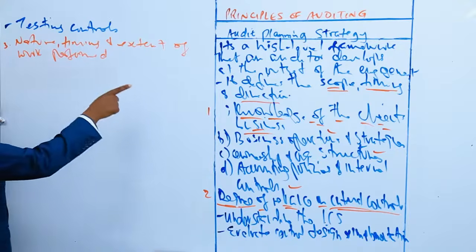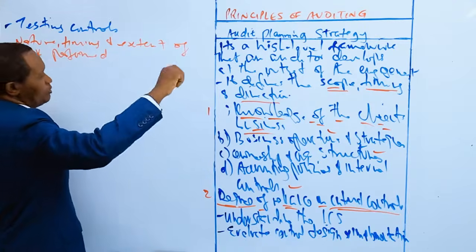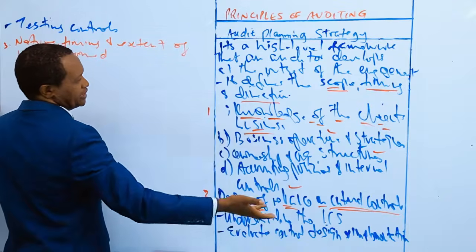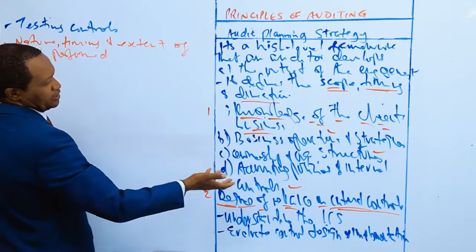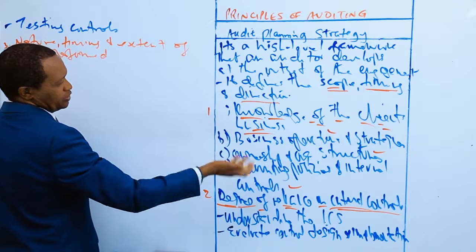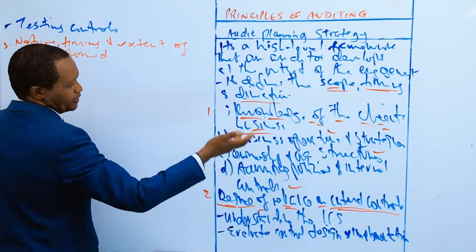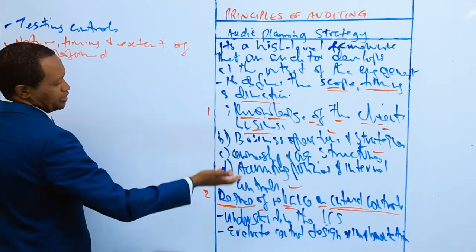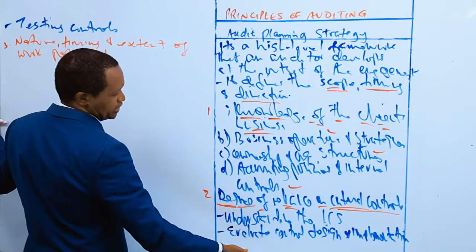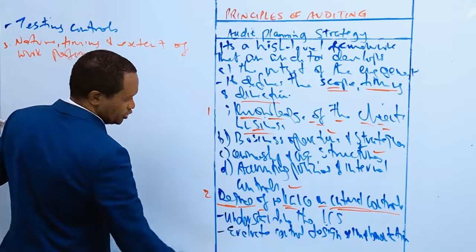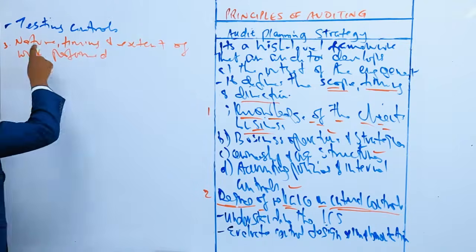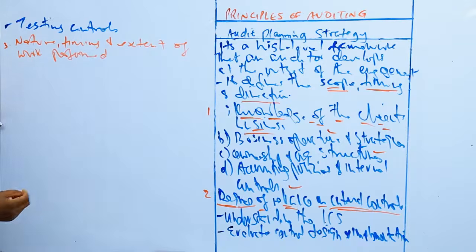So the nature, timing, and extent of work depends on the work the auditor has done on the knowledge of the client's business. If the auditor has understood the business operations and strategies, the ownership structure and governance structure, the accounting policies and internal controls, has evaluated the control design and implementation, understood the internal control system and carried out the tests of control, then that will inform the nature, timing, and extent of the work to be performed.